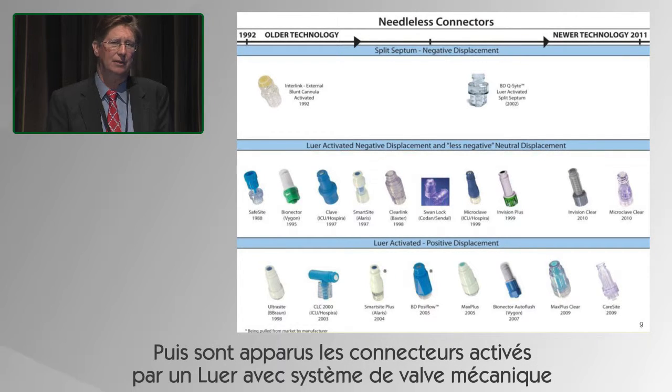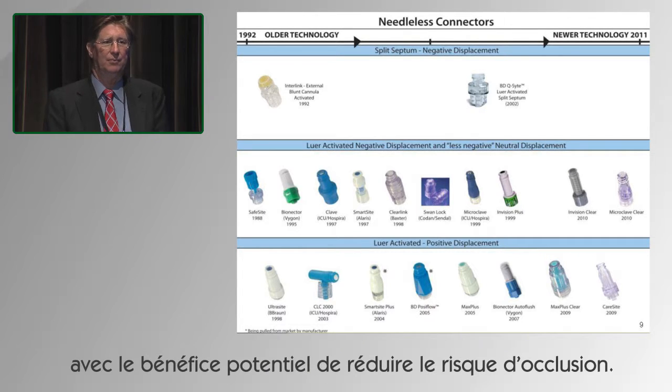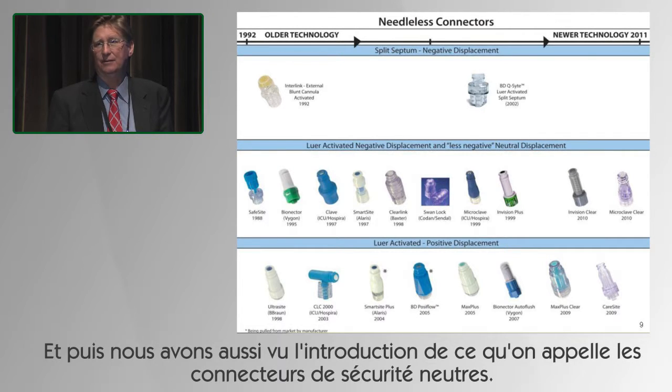Then we had luer-activated mechanical valve connectors that produce positive pressure on activation or disconnect, with the potential benefit of reducing the risk of occlusion. And then lastly, we've seen the introduction of what's called neutral needleless connectors.